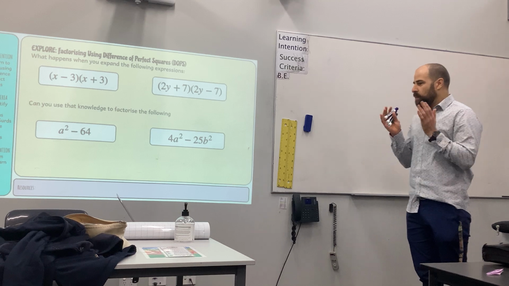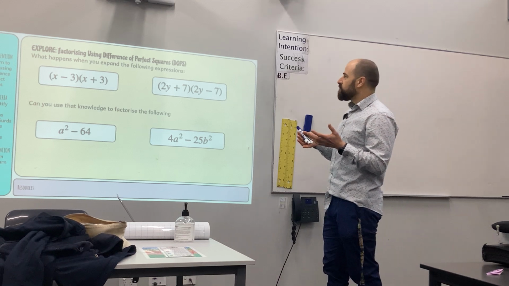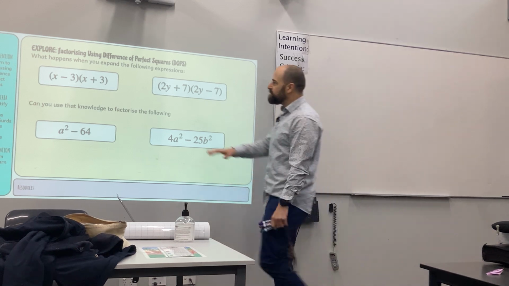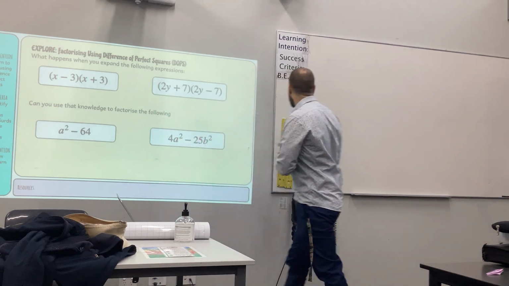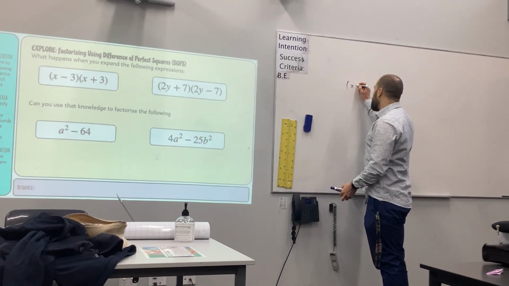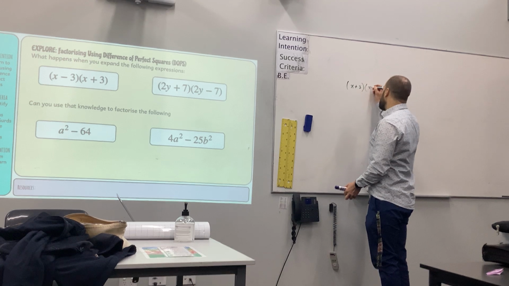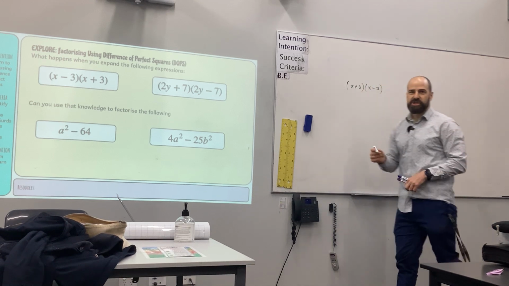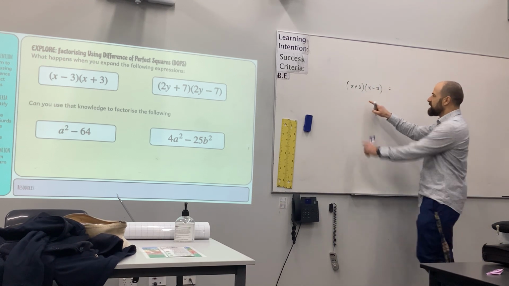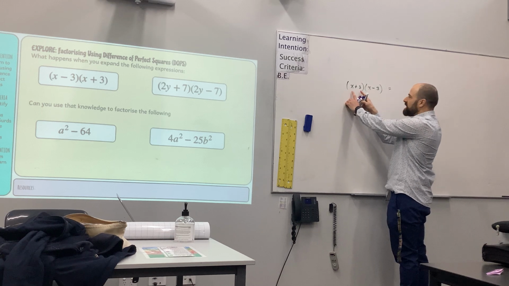Okay, so what I'm hoping that you recognized is when you expanded these brackets, if you did it the long way, that's fine, but I'm hoping that some of you remember that there was a shortcut for expanding these brackets. We talked about it in our previous lesson.